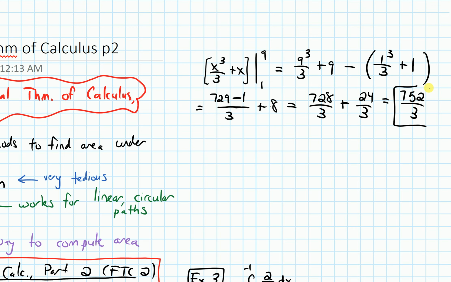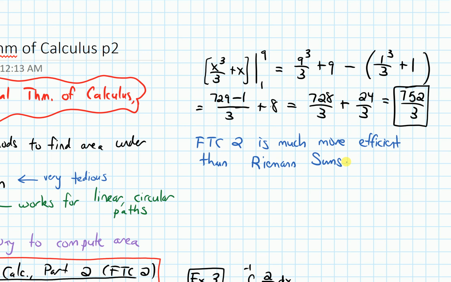And that's the same answer that we got using Riemann sums, but so much faster. So one of the takeaways is that FTC2 is much more efficient than Riemann sums. So why do we learn about Riemann sums? Why not just jump straight to FTC Part 2 and just do antiderivatives to get areas?